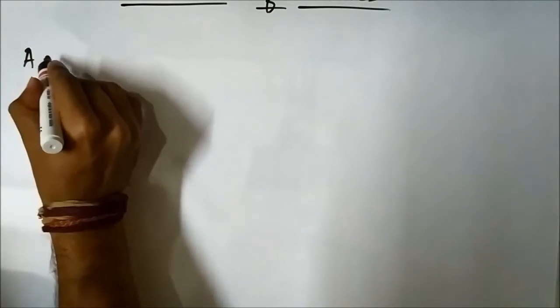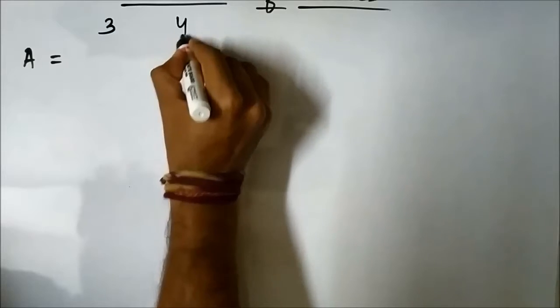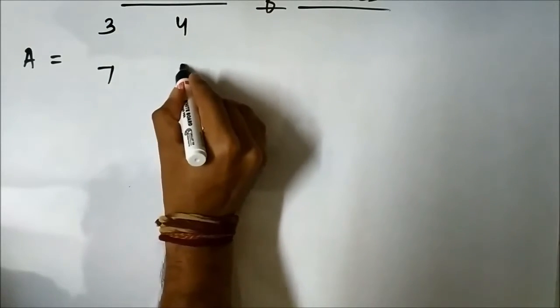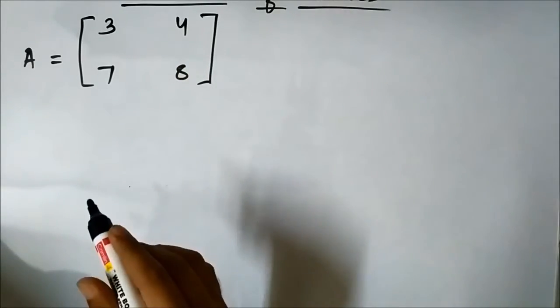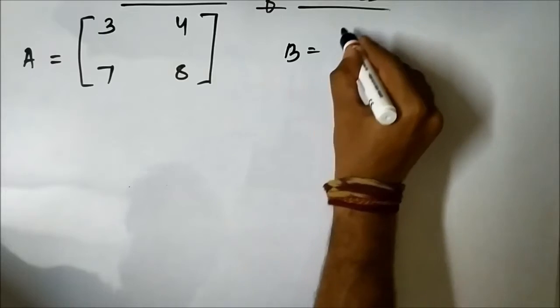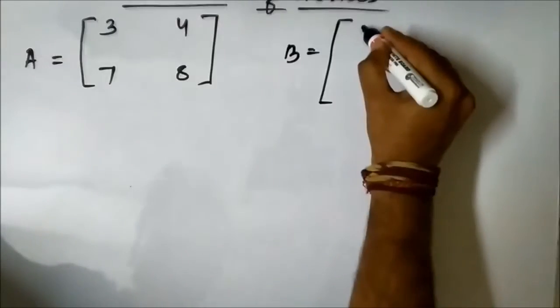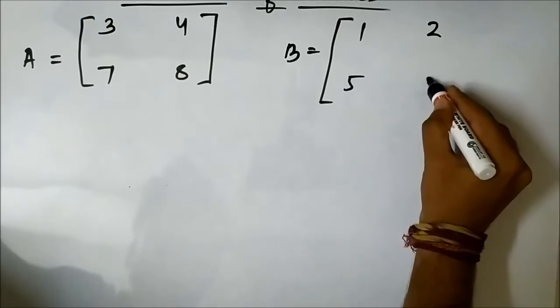Let us say we have two matrices. A is equal to 3, 4, 7, 8. This is a 2 cross 2 matrix, and another matrix B is equal to 1, 2, 5, 6.